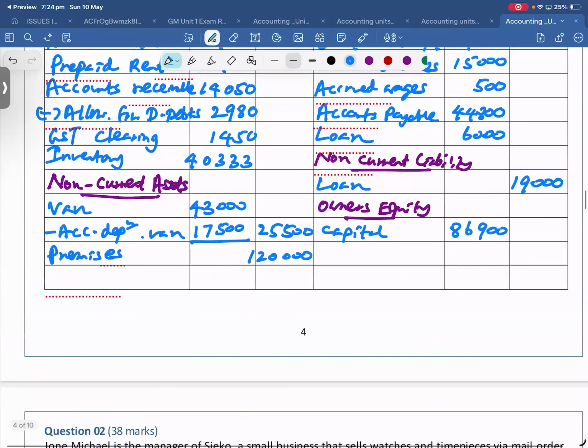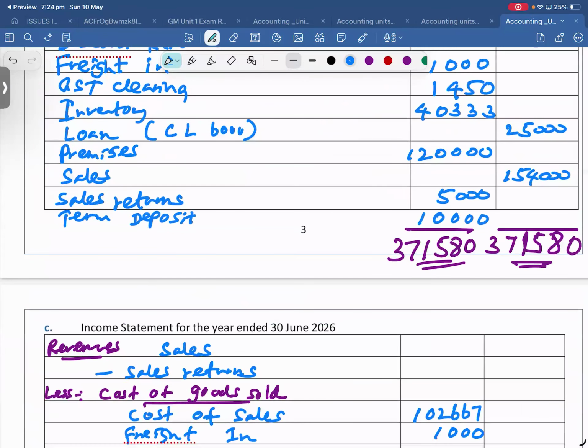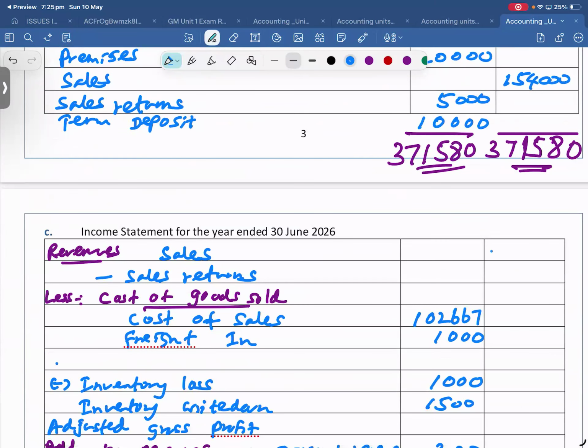And then term deposit 10,000. Sorry, before that, sales 154, sales returns 5,000, which is 149. And then term deposit 10,000.